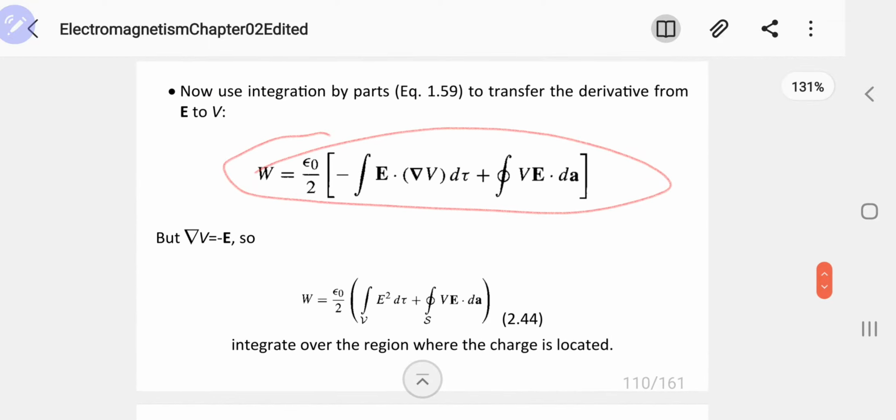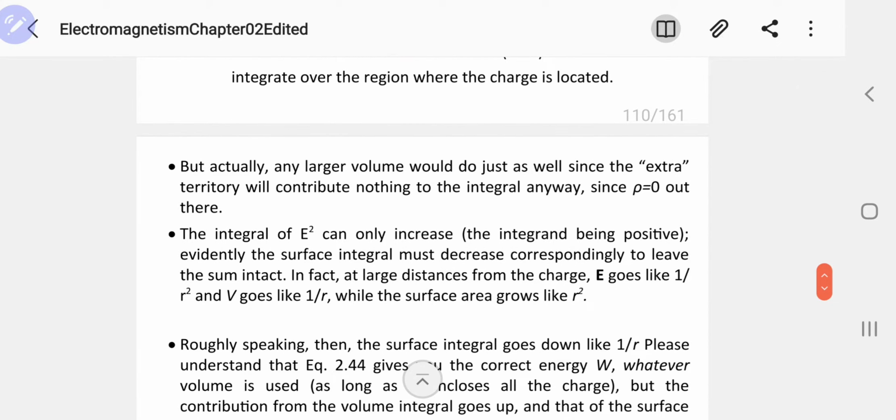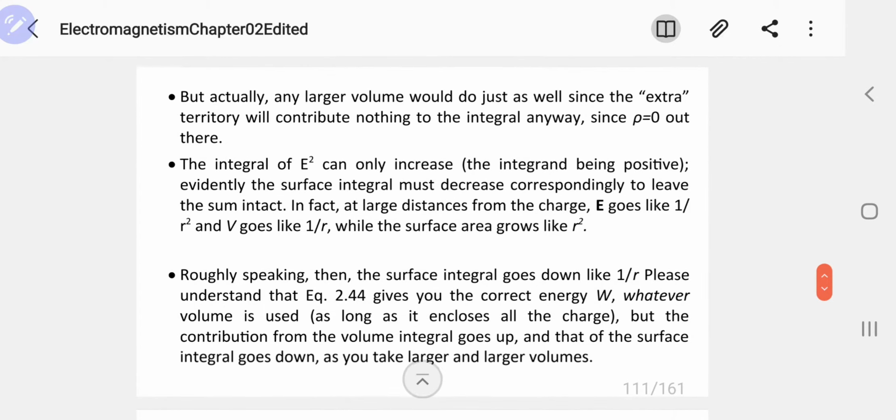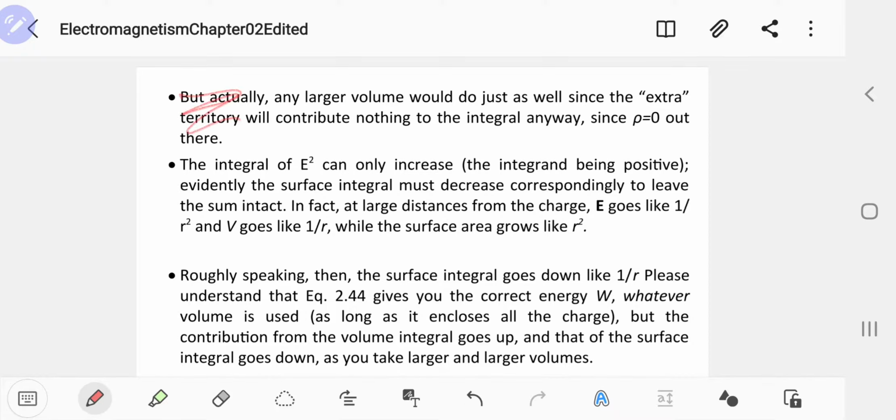So there's a note here. I will just read it. But actually any larger volume would do, because you are just integrating on the charge distribution. So whenever you integrate in a small volume or in a large volume that encloses the charge, it doesn't matter.